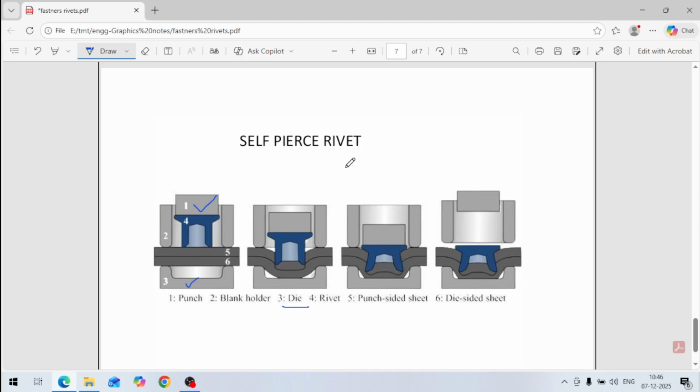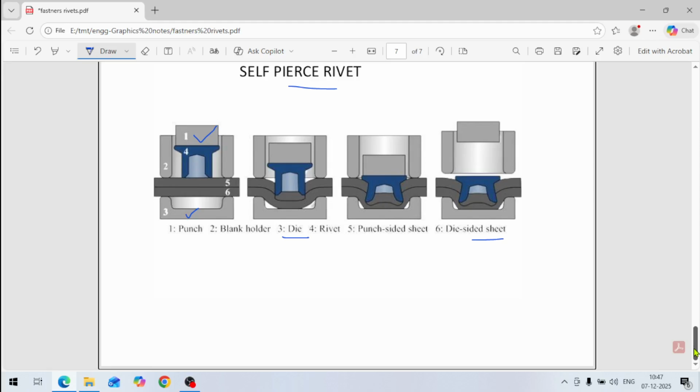Self-pierce means it pierces by itself, so there is no need for a hole. These may be plastic sheets or something like that. If you press the rivet like this, it is riveted like this. There is no need to make a hole initially. It is self-piercing only. So this type of rivet is there.